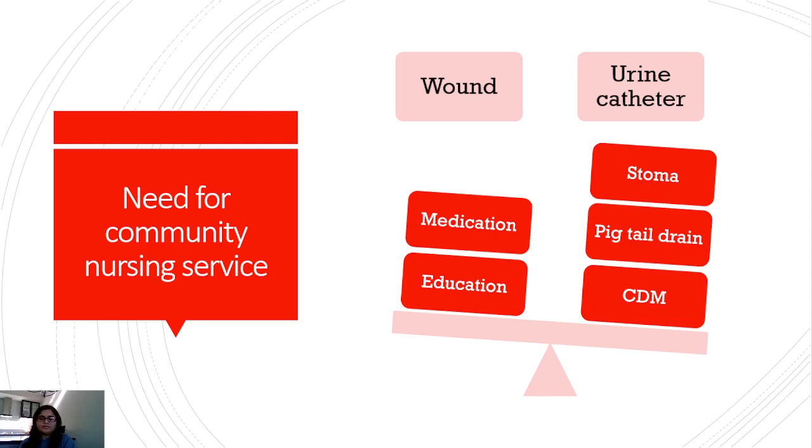Do they have a pigtail drain, which is a completely sterile procedure? Whenever we are dealing with a pigtail drain, it has to be very strict asepsis, so they can't be doing it themselves at home. They need a nurse to visit them to do it, and it's not practical to go to hospital every now and then to get the bag changes or to care for the pigtail.